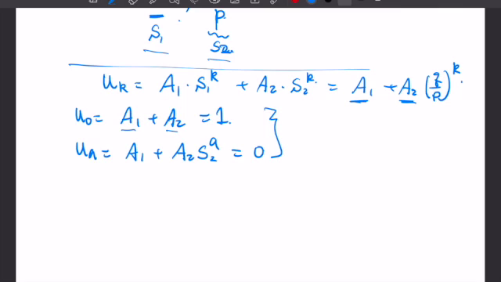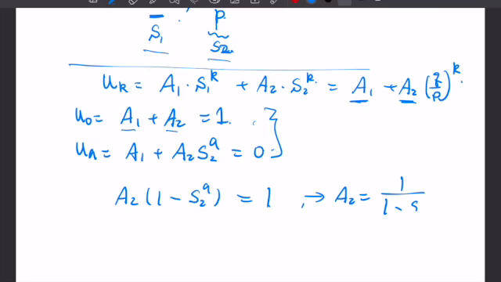Let's first determine the value of a2. Subtract the second equation from the first equation, then we have a2 times 1 minus s2 to the power of a equal to 1. So from this we have a2 equal to 1 over 1 minus s2 to the power of a.